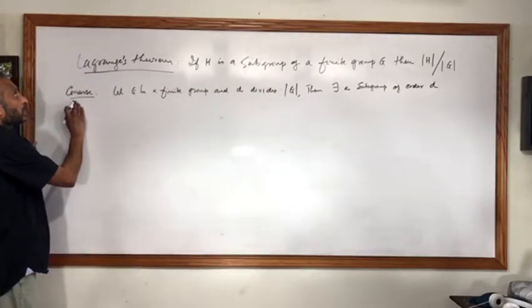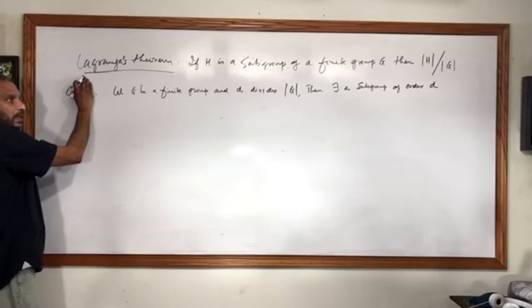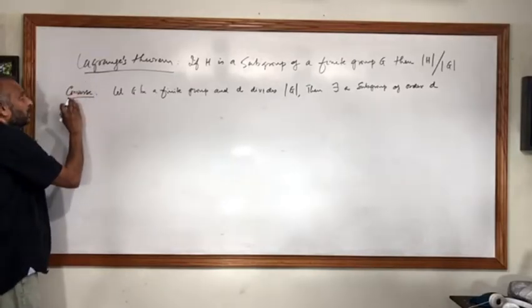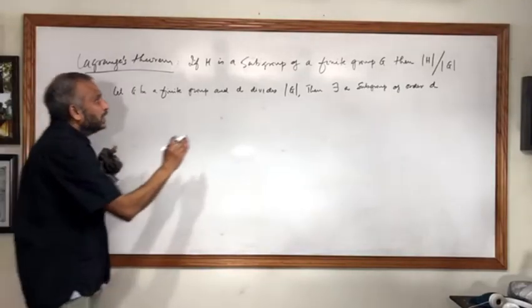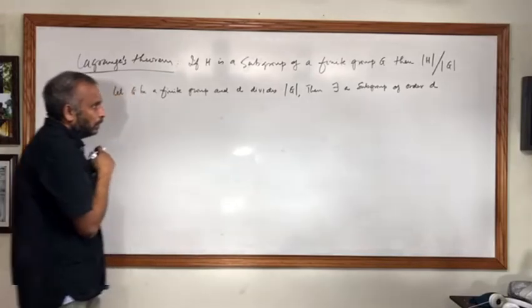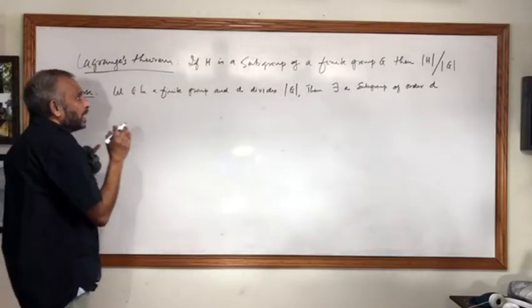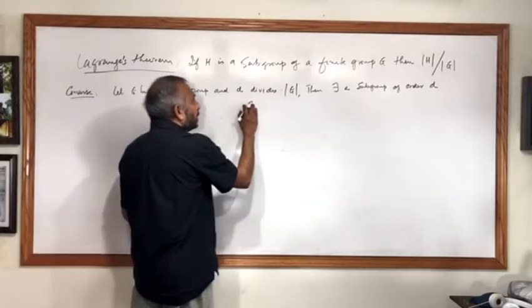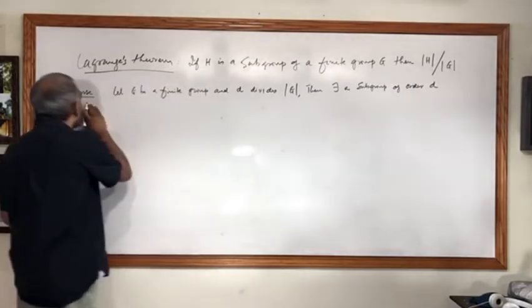This is the converse statement of Lagrange's theorem. This converse will always be true if G is an abelian group. But we have seen an example of a non-abelian group where the converse is not true.